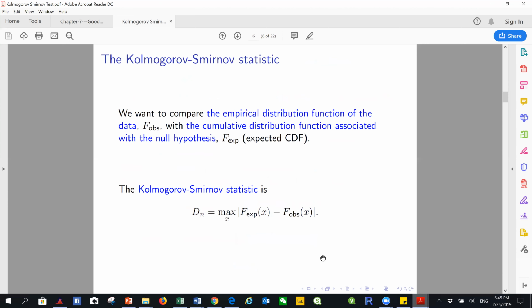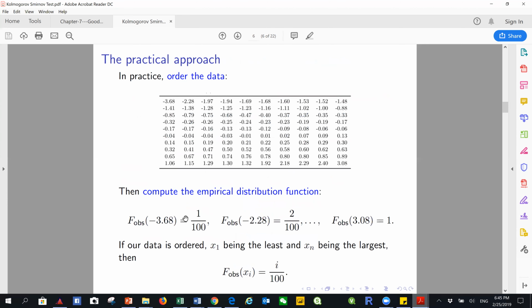Then you can find the cumulative probabilities. Obviously, the first one is 1 over 100, the second one is 2 over 100, and so forth. You have 100 different numbers, so each one has a relative standing in this group. And that together is the distribution.